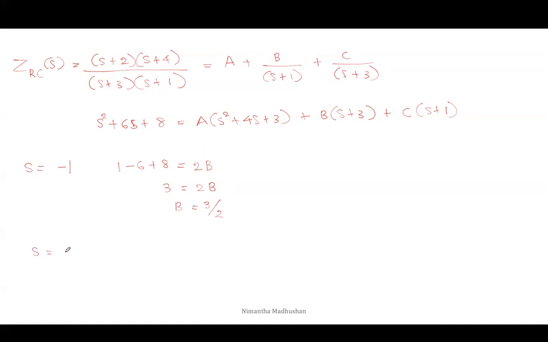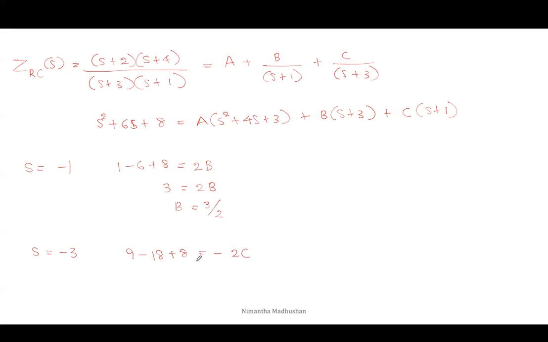And when s is equal to minus 3, nine minus 18 plus 8 is equal to, this one is 0, this one also 0, minus 2c.